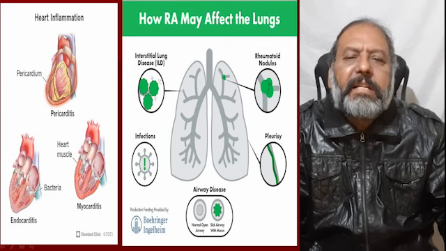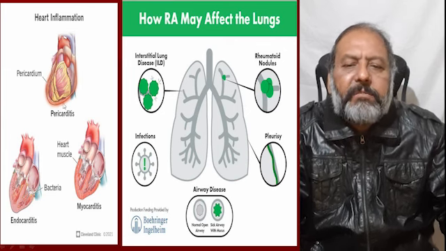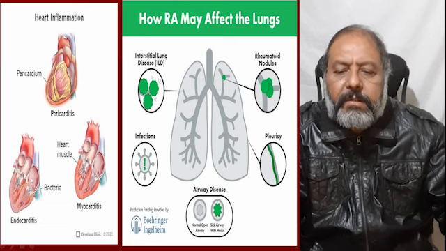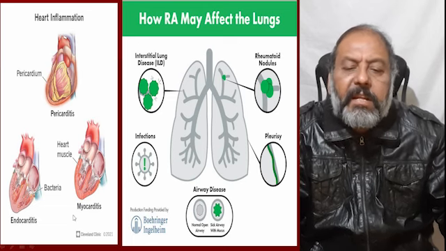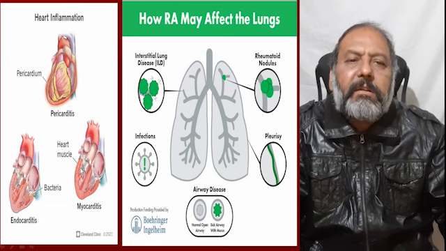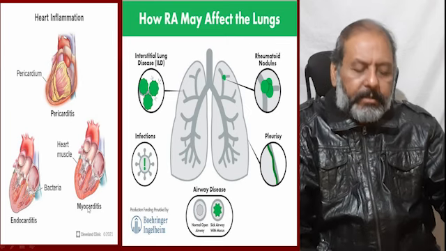So here one can see the heart inflammation, that is the pericardium, and inflammation is called pericarditis, and there is bacterial endocarditis, and also when the heart muscle is involved, it is going to cause myocarditis.